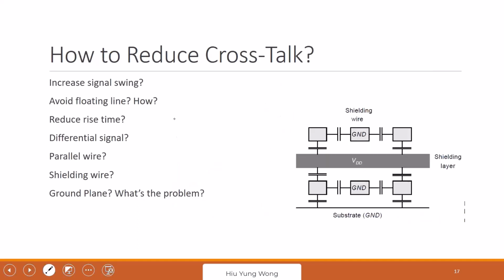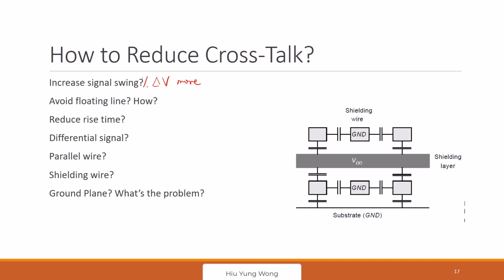Now, how do we reduce the crosstalk, right? If I increase the signal swing, is it going to reduce the crosstalk? No, right? You have a larger delta V, so more crosstalk.